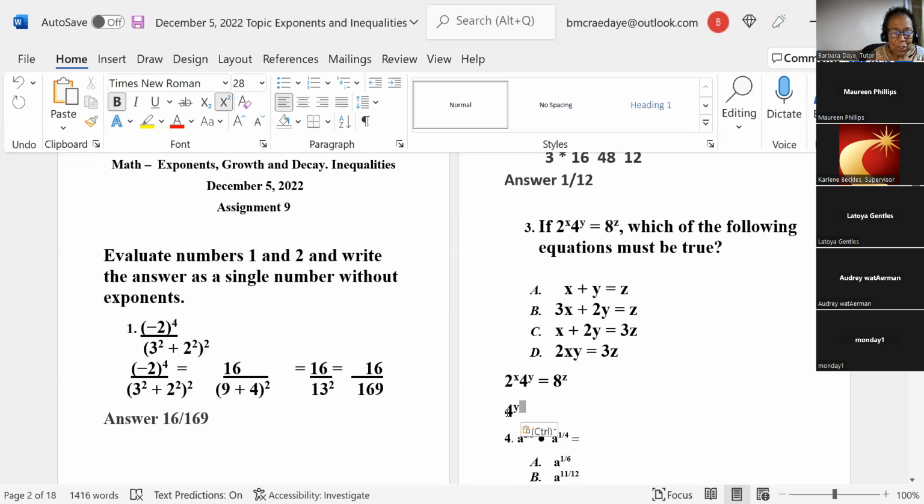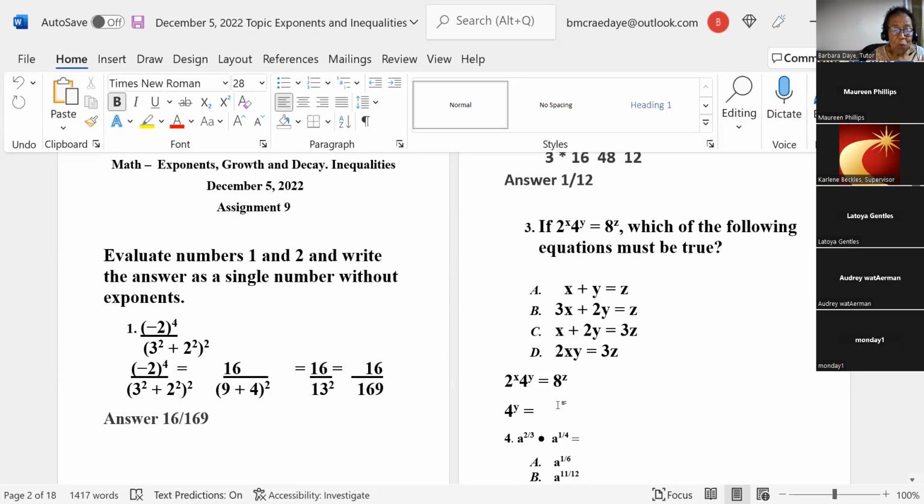So using the 2, how can you get 4? What power? Second power. 2 to the 4 power? No, that's too big. 2 to the 0 is 1. So 2 to the second power. That's right.